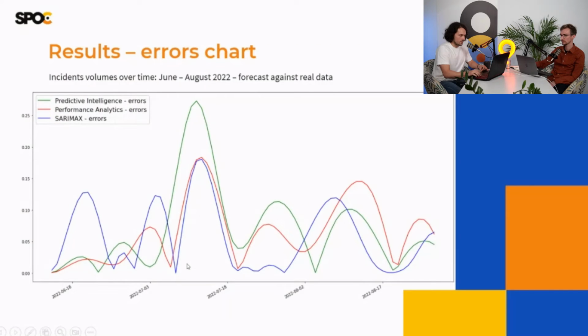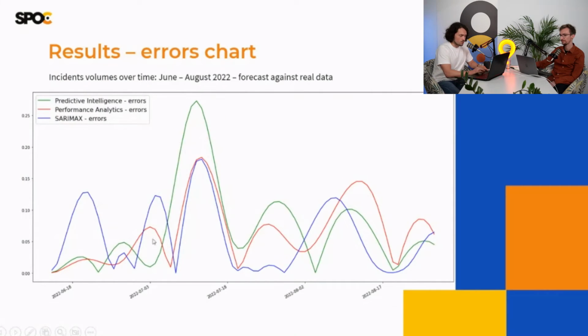Okay, one more chart. Now it's a function of errors for the three different models against the time domain. Here you can see that none of the models exceed the 0.26, 0.27 error.